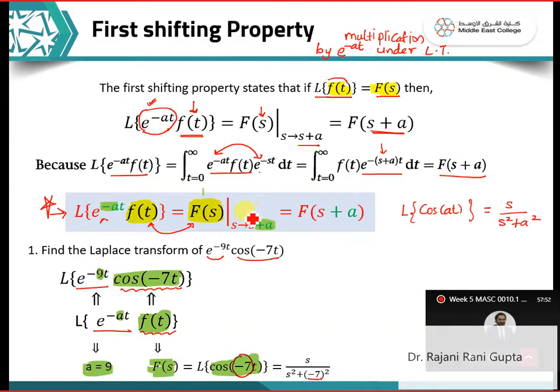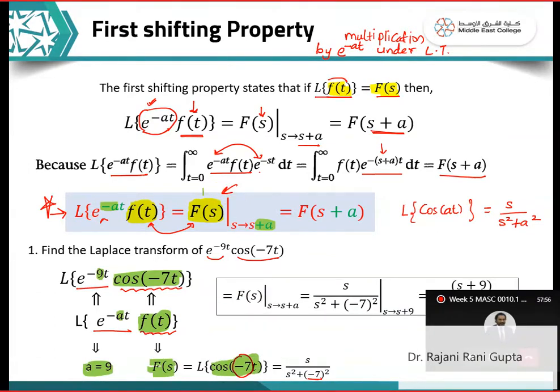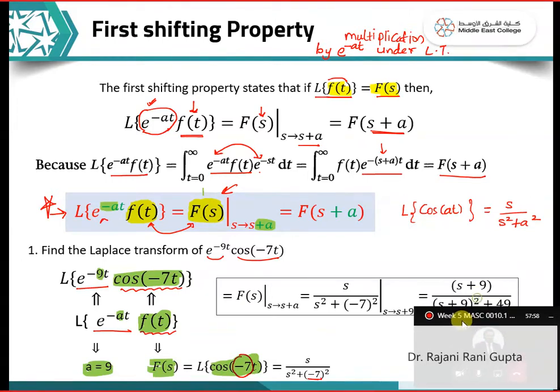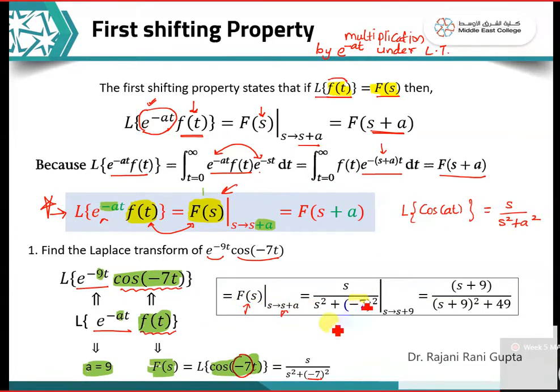Then we just put it in this rule, which gives F of s with s replaced by s plus a. In place of F of s we substitute this value directly from here, and a is 9, so s goes to s plus 9.